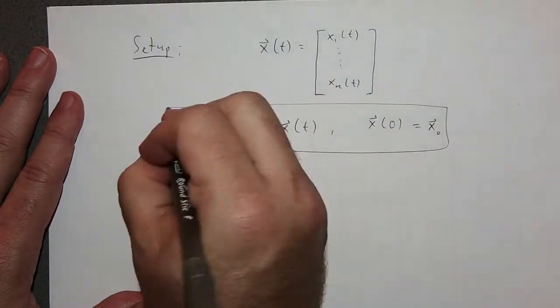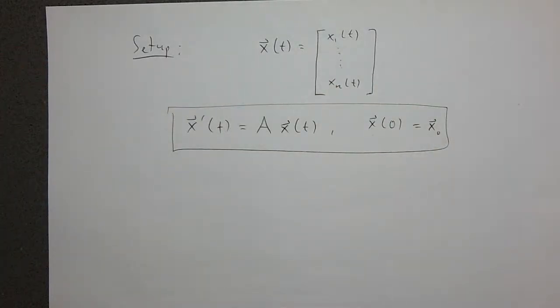So this is now an IVP. By a theorem that I'm not going to state, an existence and uniqueness theorem for systems of first order differential equations, we do in fact get a unique solution here. So there does exist a unique solution for the system. So now we just need to find it.